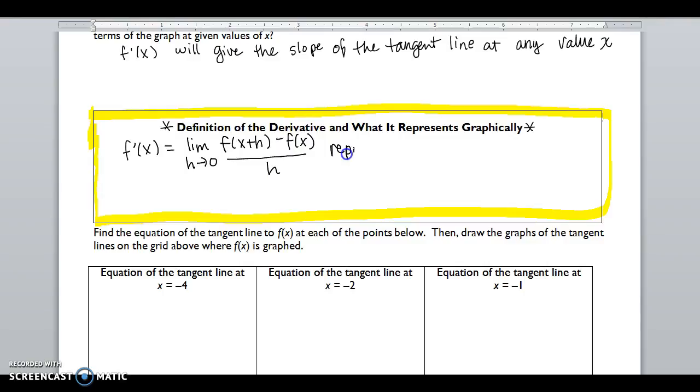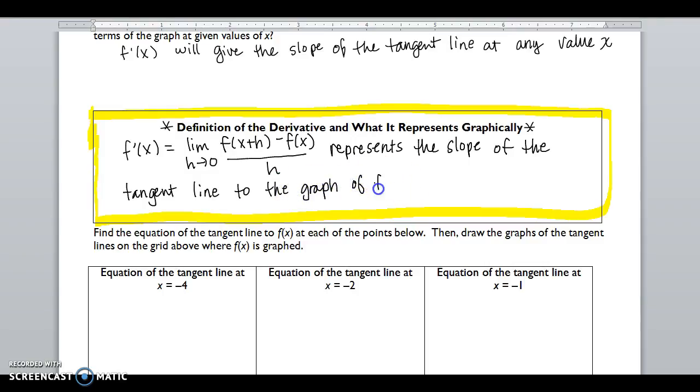And that represents the slope of the tangent line to the graph of f of x at any x value. So our derivative is the slope of the tangent line.